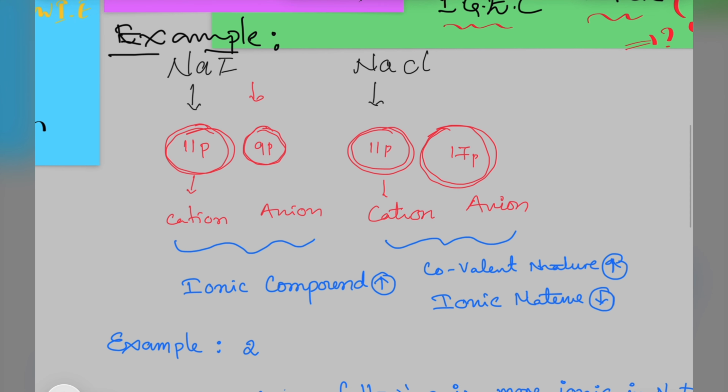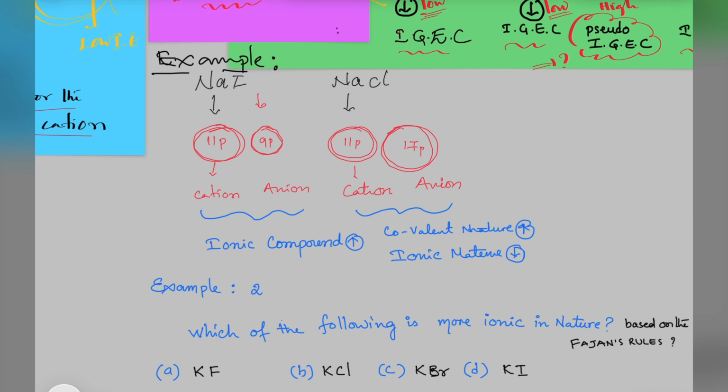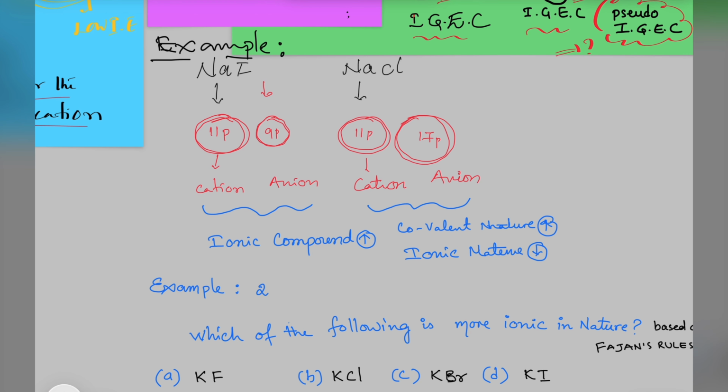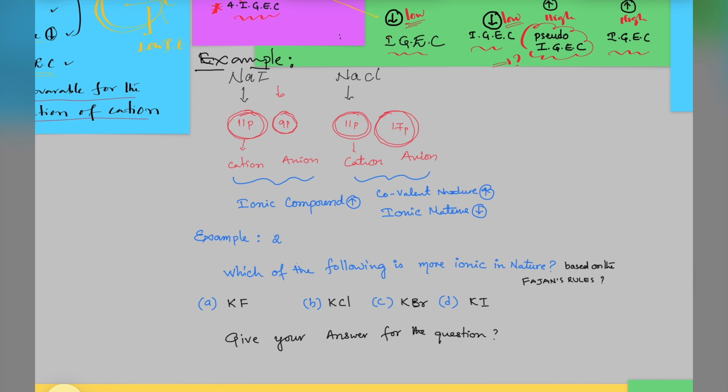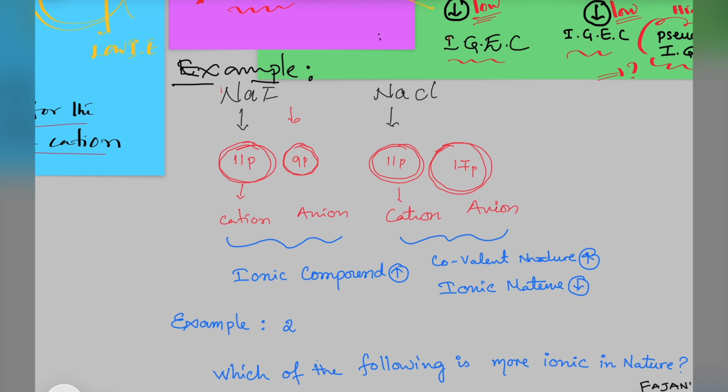Now we'll go for general examples. Are these correct examples? Do they satisfy the conditions? We'll discuss first. Before going to this, I have given one best example, that is sodium fluoride, and one more, sodium chloride. What is my question here? All of you concentrate.